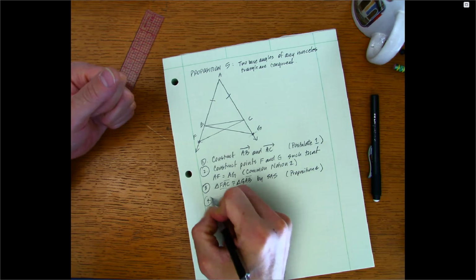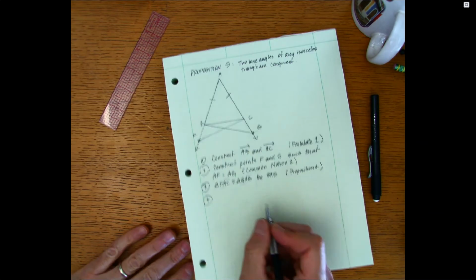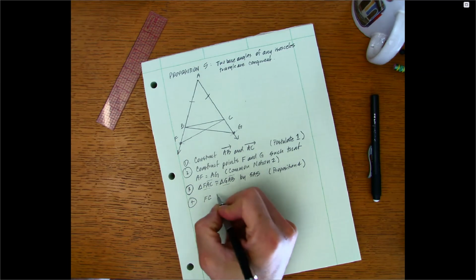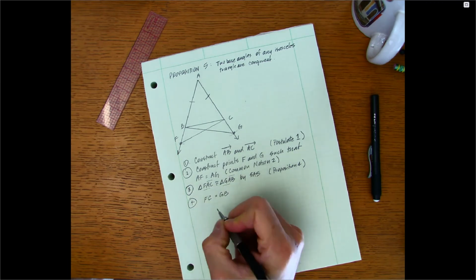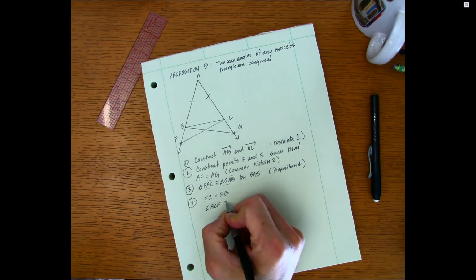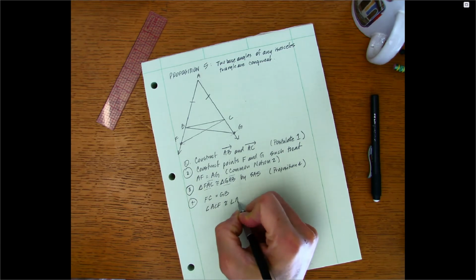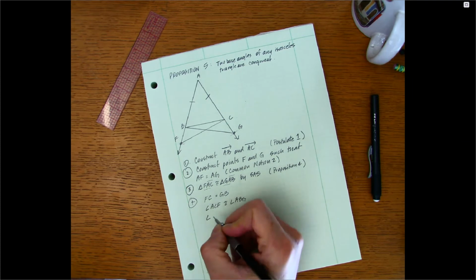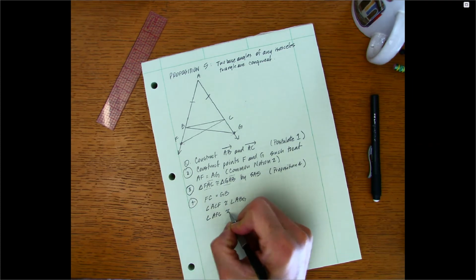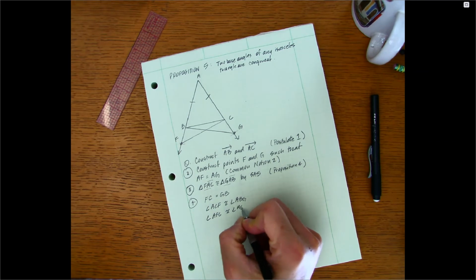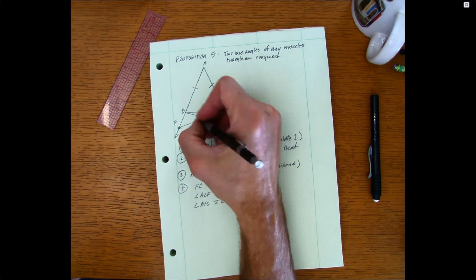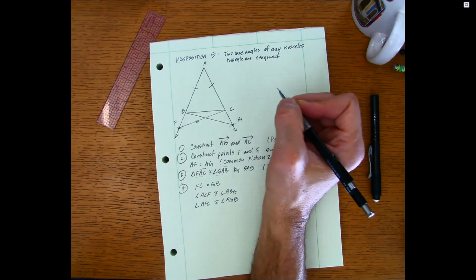So number 4, what can we conclude? So we can conclude then that FC is equal to GB. We can conclude that angle ACF is going to be congruent to angle ABG, and angle AFC is going to be congruent to angle AGB. So FC, this distance here, I'm going to put a 1, 2, 3 on it if that's all right.